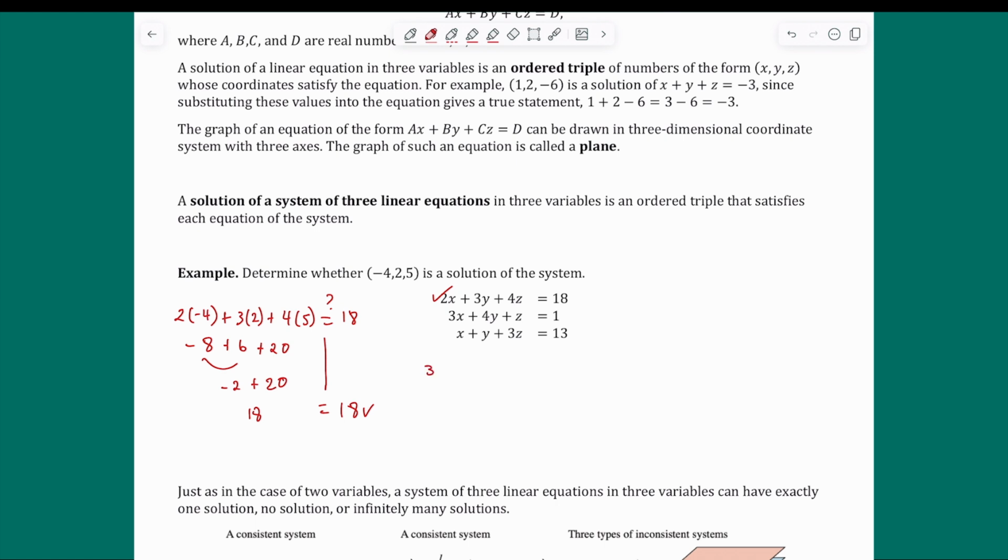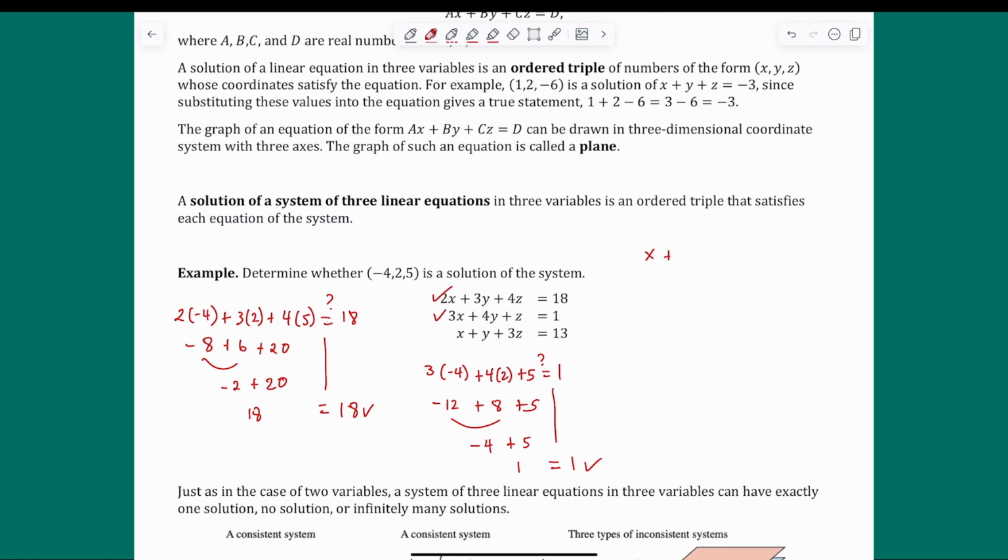We get 3 times -4 plus 4 times 2 plus 5 equal to 1. Does that add up to 1? So we get -12 + 8 + 5. -12 + 8 is -4, plus 5 gives us 1. So 1 does indeed equal 1, and the second equation also checks out.